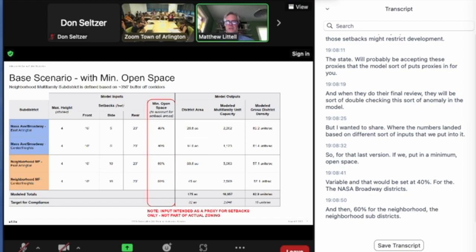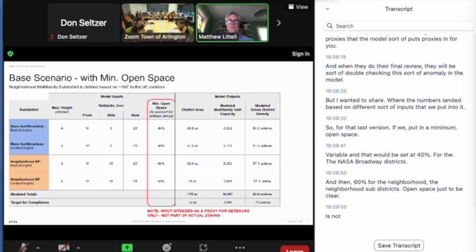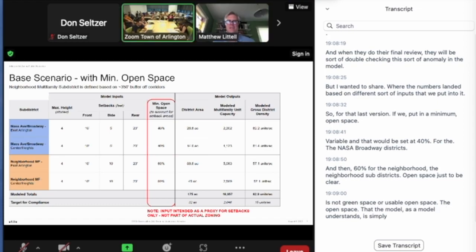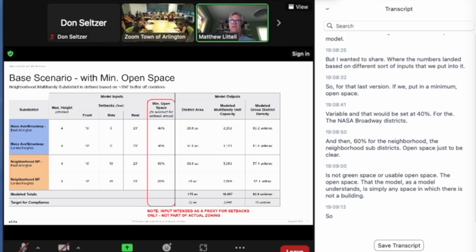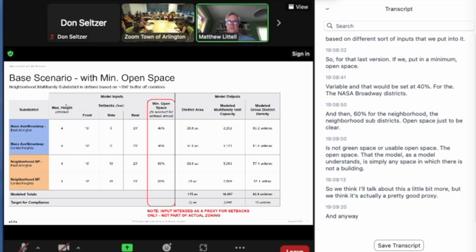Open space, just to be clear, is not green space or usable open space. The open space, as the model understands it, is simply any space in which there is not a building. I'll talk about this a little more, but we think it's actually a pretty good proxy.